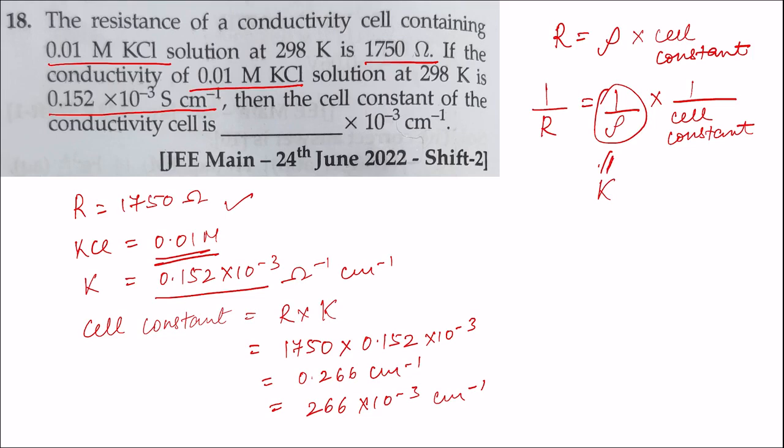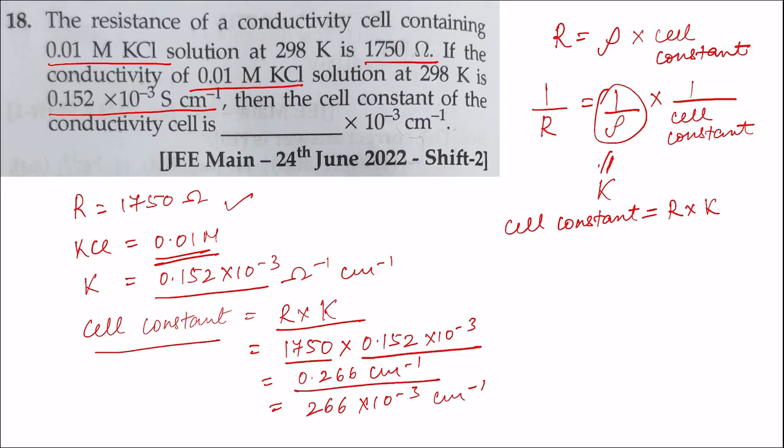So it can be written that cell constant is equal to R into conductivity. Putting the values, the value of cell constant is 0.266 per centimeter or 266 into 10 to the power minus 3 per centimeter. So answer here will be 266. So cell constant is 266 into 10 to the power minus 3 per centimeter.